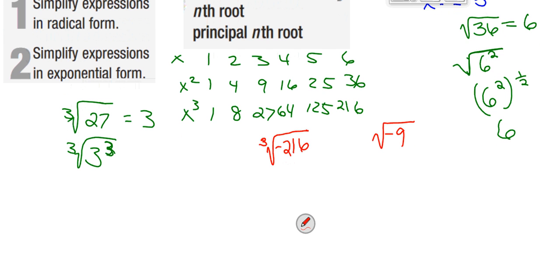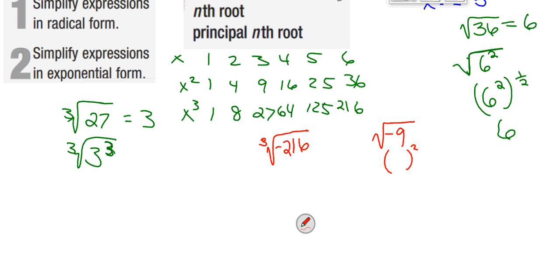So when we were looking for the square root of -9, there's nothing that I can multiply by itself that will give me a negative, right? Because if I put a negative in that parenthesis, negative times a negative is a positive. If I put a positive, positive times a positive is a positive.